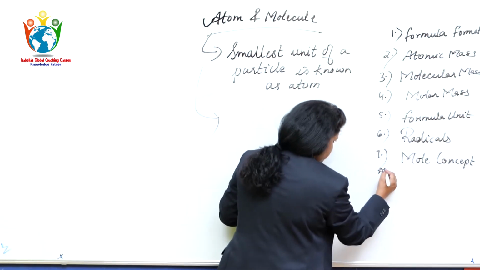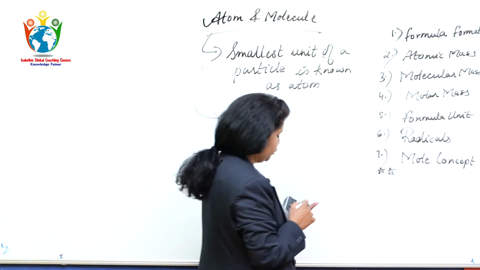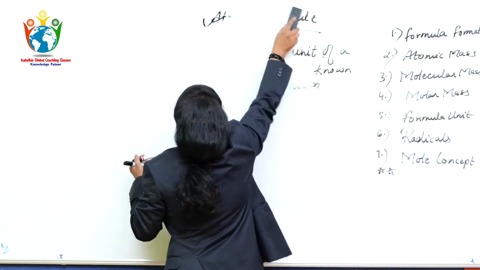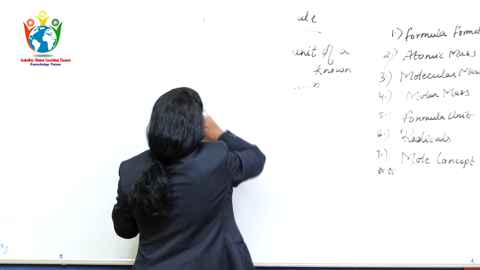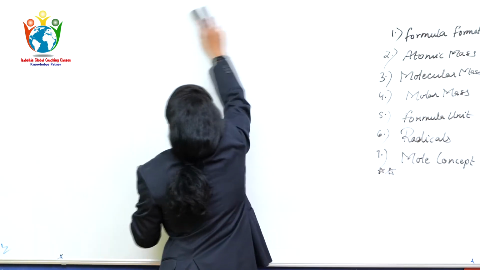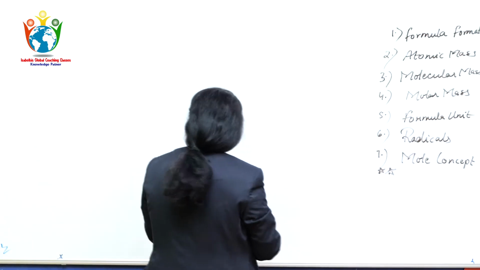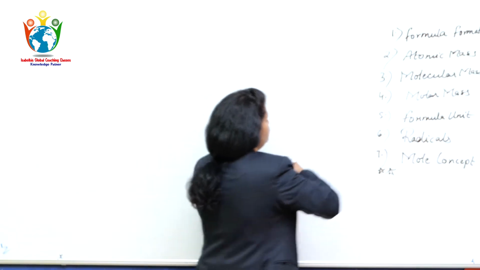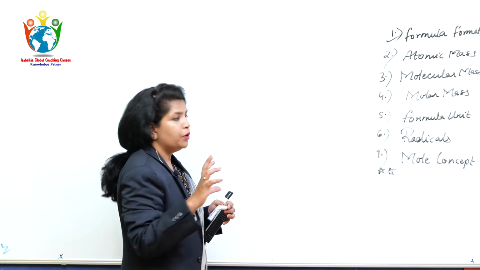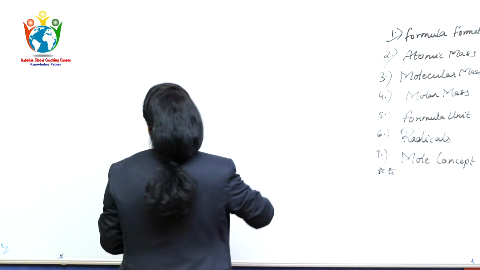This is a very big topic and a very important topic. So, we are going to focus on this. Before focusing on this, we are going to jot down formulas for it.